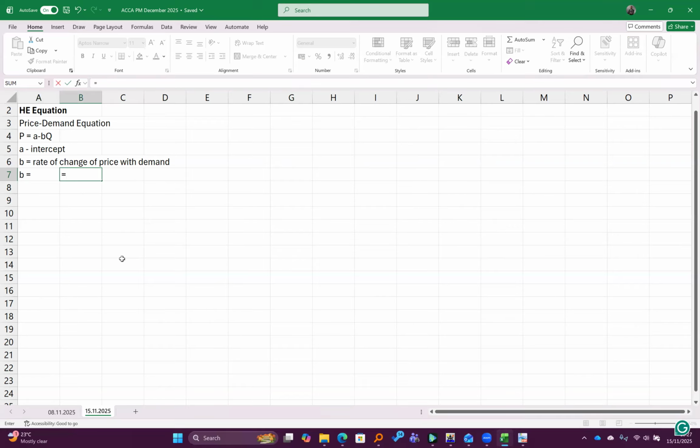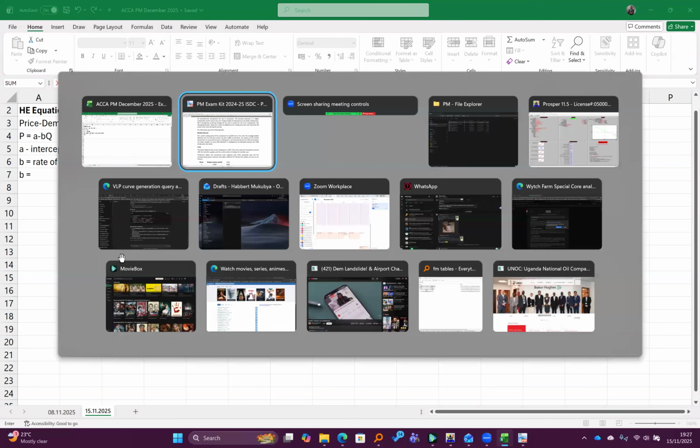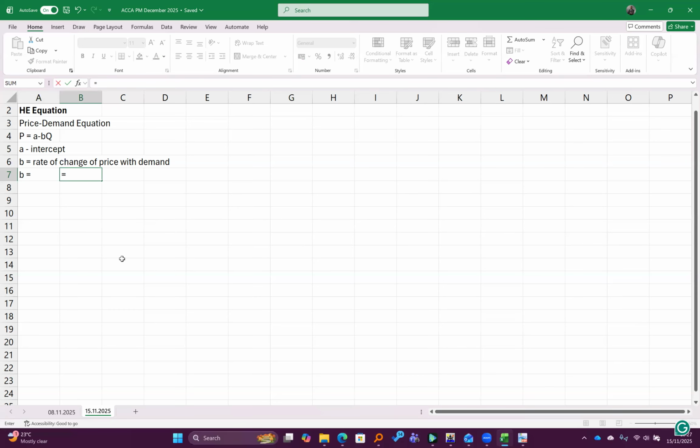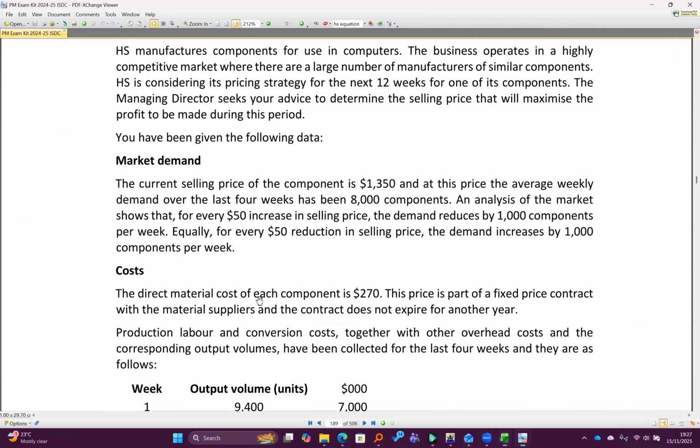So now the price here they gave us 50, demand 1,000. So B becomes 0.05.